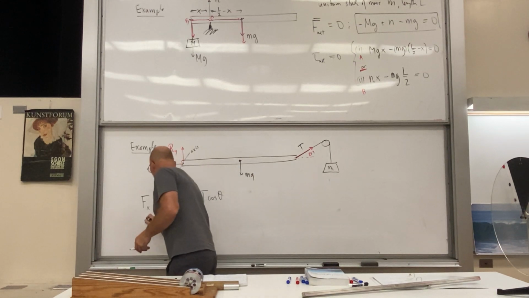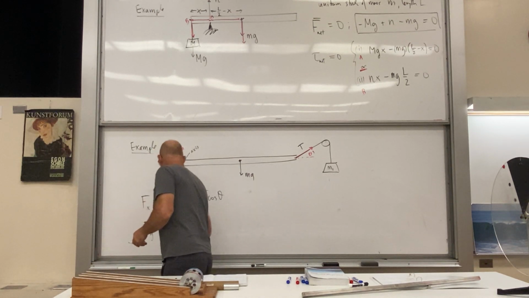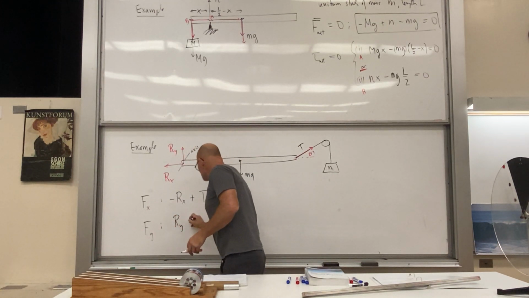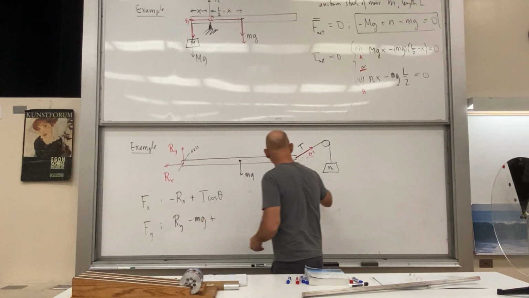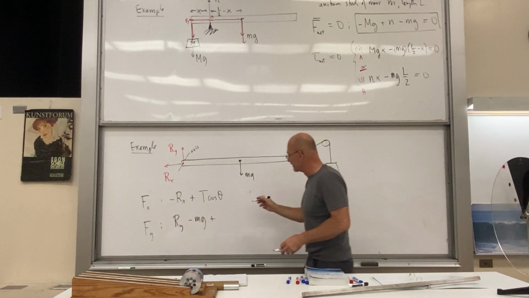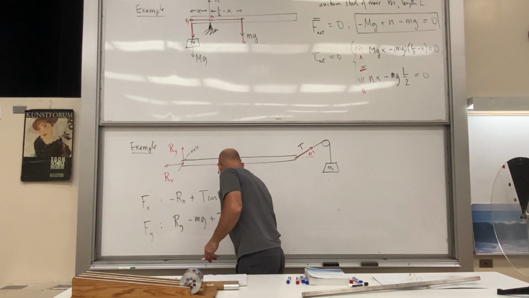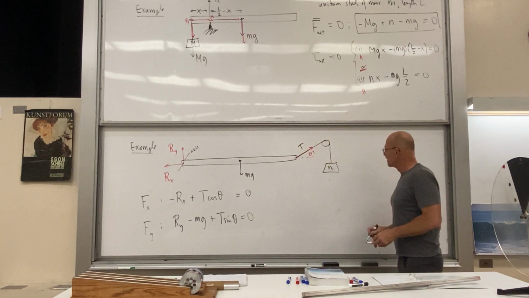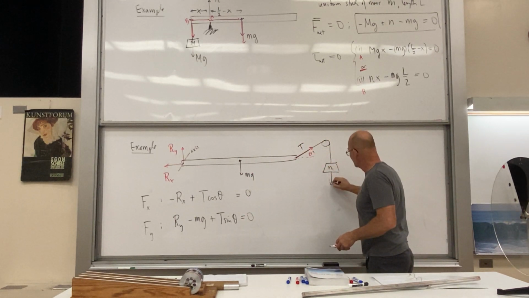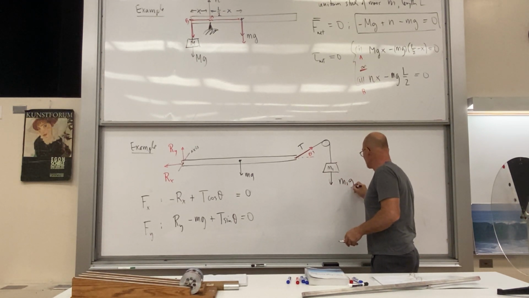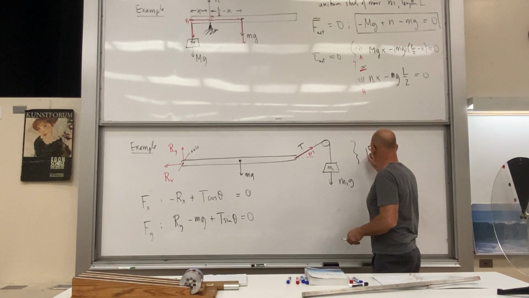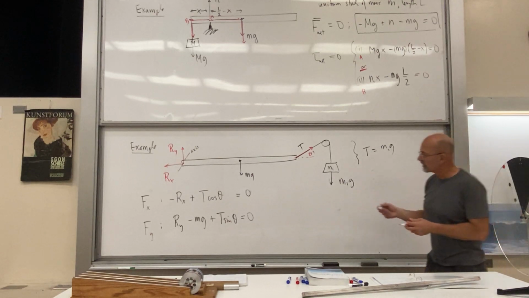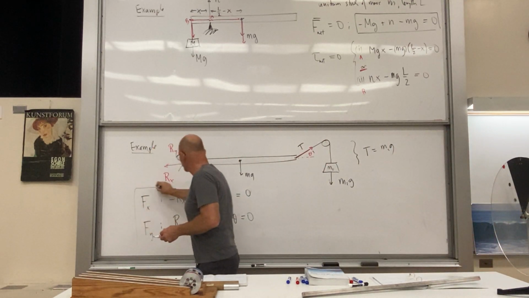And for Fy, we have Ry, minus mg, and then plus T sine theta over here. Tension sine theta, and those are both equal to 0. Now, I have to say something about the tension. It's clearly equal to M1g, whatever I hung off the end there. So those are our force equilibrium conditions.